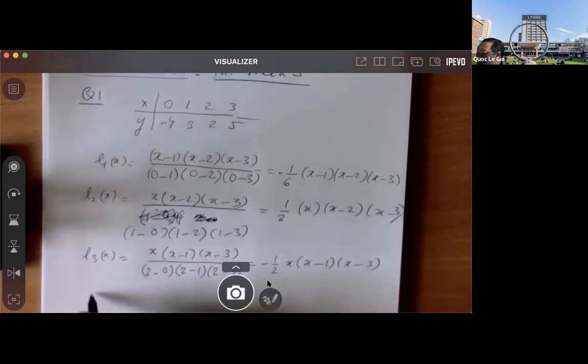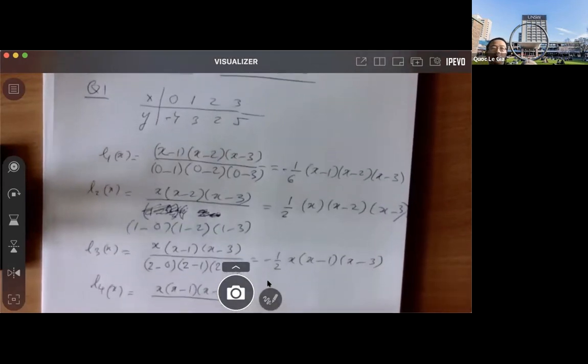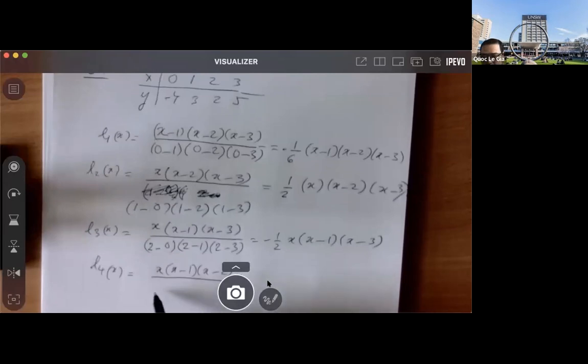Okay, and so on. So the last one will be L4. So L4 is x minus everything except the last one. So x minus 0, x minus 1, x minus 2, and then you divide it by the last point: 3 minus 0, and 3 minus 1 and 3 minus 2.